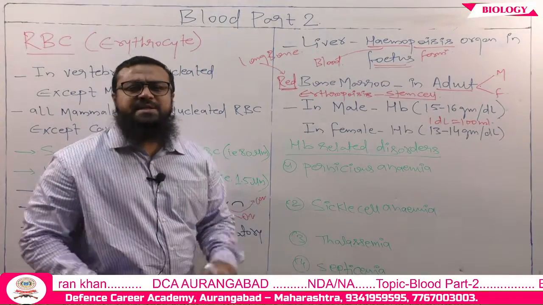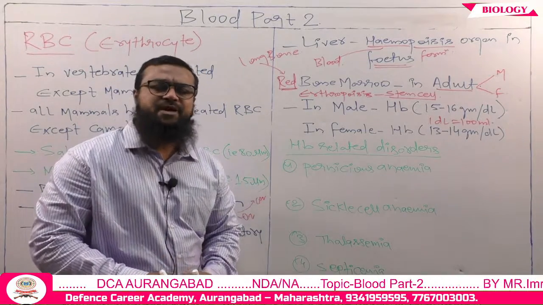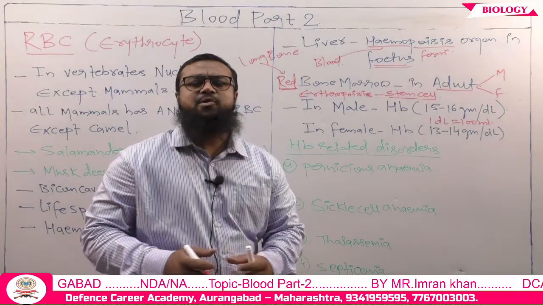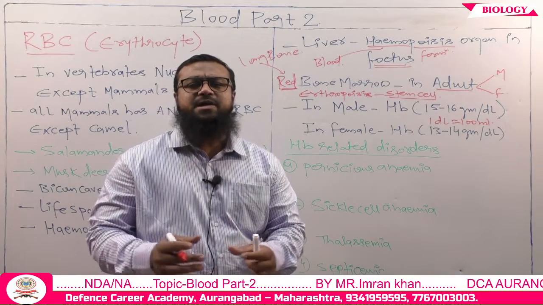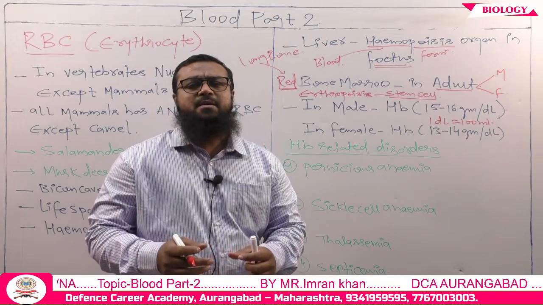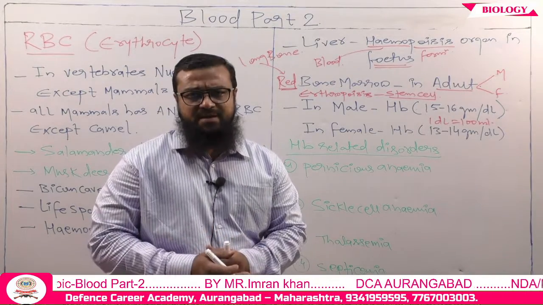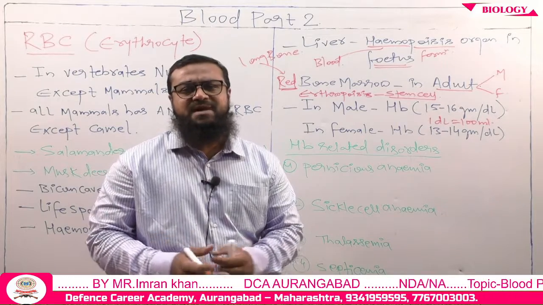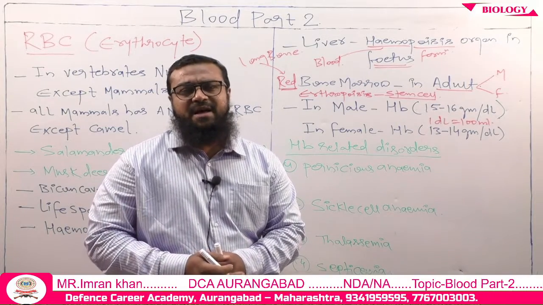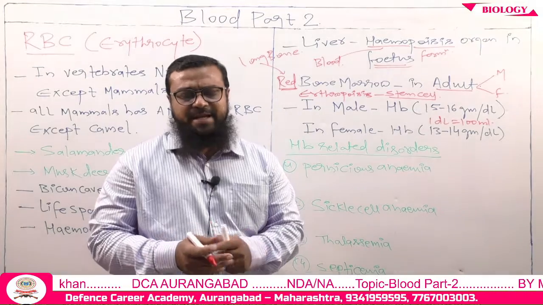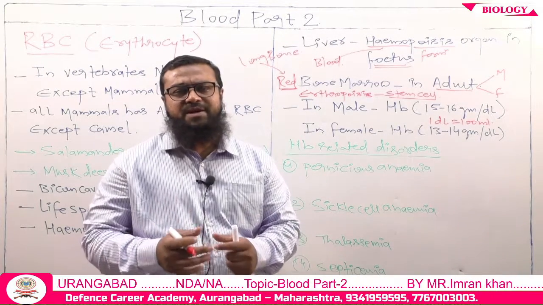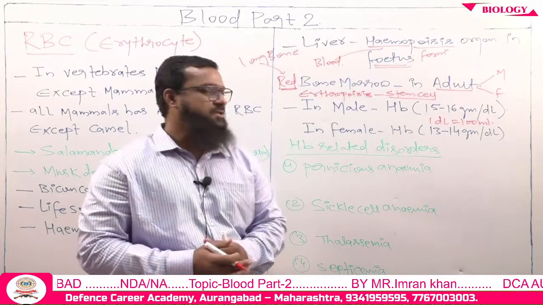Now, these all points are very specific for NDA examination, and these points are gathered according to the questions asked in the examination. So that's why these are very precise points that I am explaining to you, all the specific points related with NDA and NEET questions.